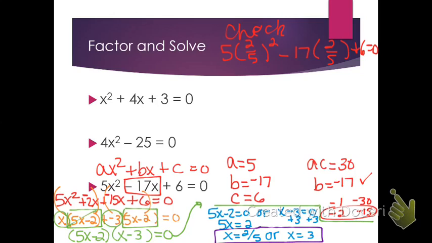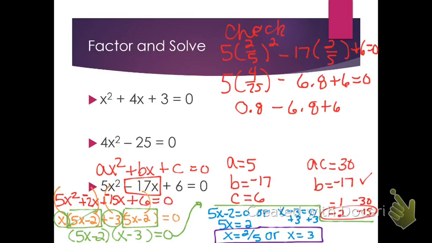So if I do 2/5 squared, I'd get 4/25. And if I did 2/5 times negative 17, I'd get negative 6.8. And then if I did 4/25 times 5, I'd get 0.8. And I do get 0 equals 0, so I know that that value works.